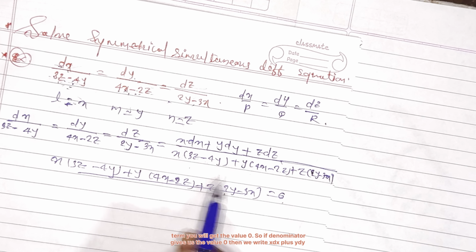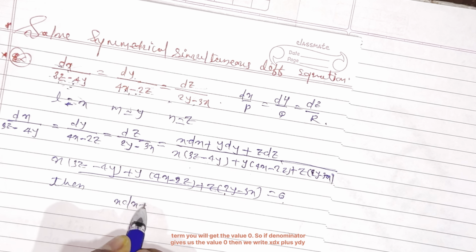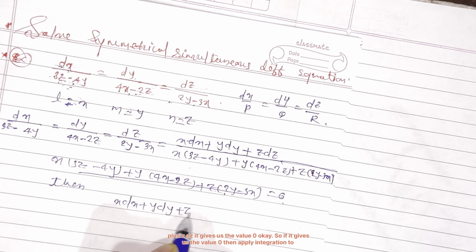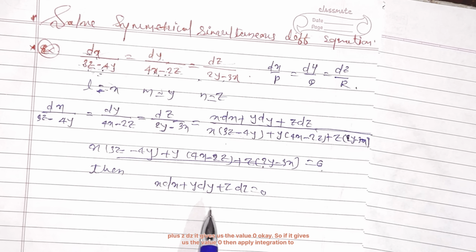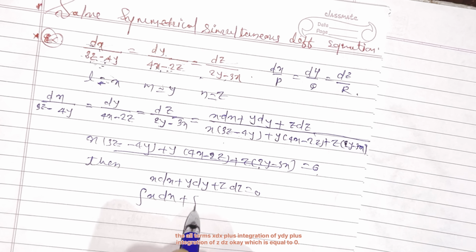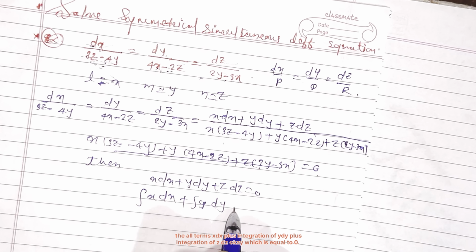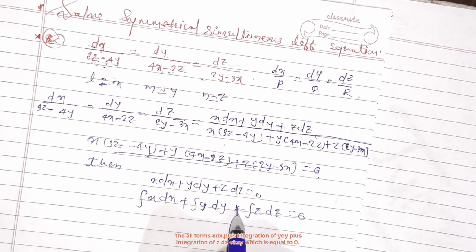So if the denominator gives us the value 0, then x dx plus y dy plus z dz also gives us the value 0. Then apply integration to all the terms: integration of x dx plus integration of y dy plus integration of z dz equals 0.